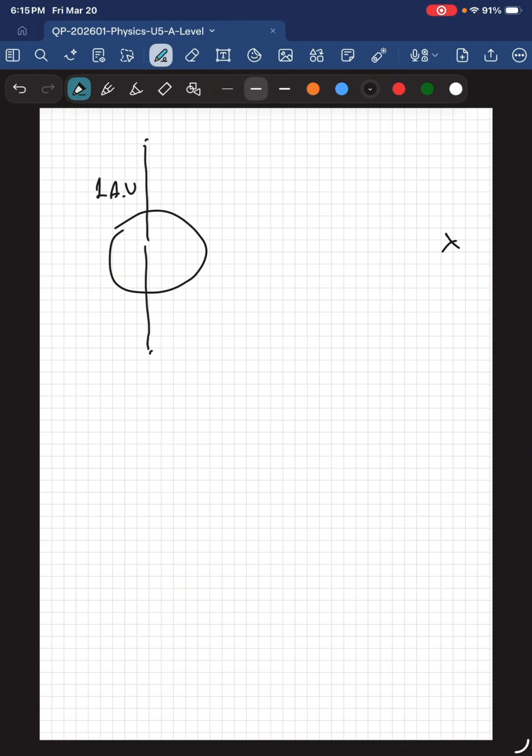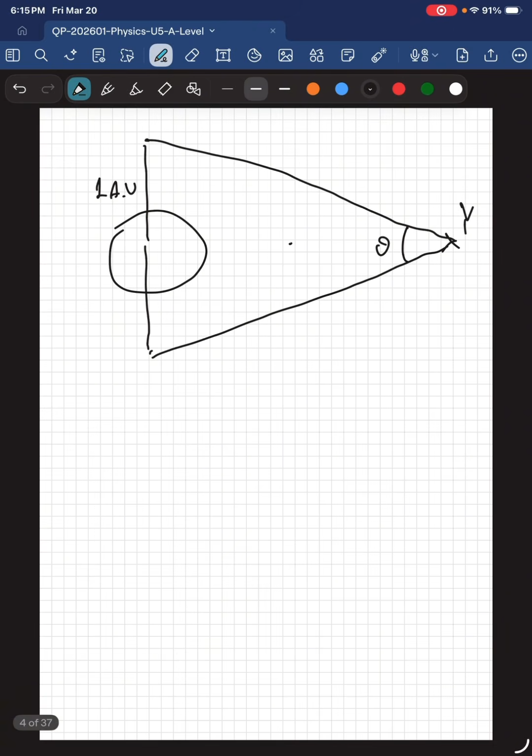And let's say there is a star, and we want to measure the parallax. The parallax angle is this one, that's theta. So this is star Y. If the star has twice the parallax angle, it will be 1/2 of the distance away, right? So that will now be 2 theta, and this will be star X, I'm sorry.